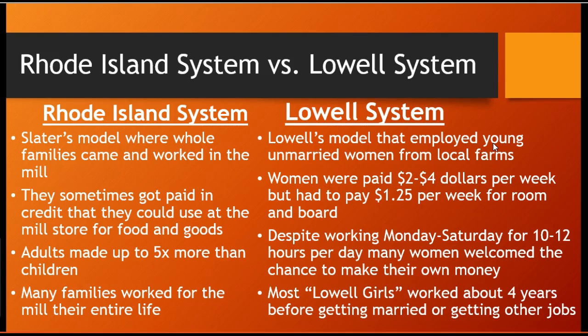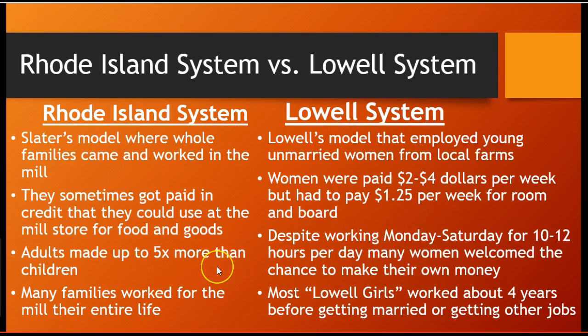So some of the differences between the Rhode Island system and the Lowell system you can see from the bullet points. The last bullet point, many families in the Rhode Island system were stuck there for life, whereas the Lowell girls, most of the time, were able to move on either by getting married or getting a different job. And obviously the difference in who's working in the factories, with the Lowell system, you only have young women working there.